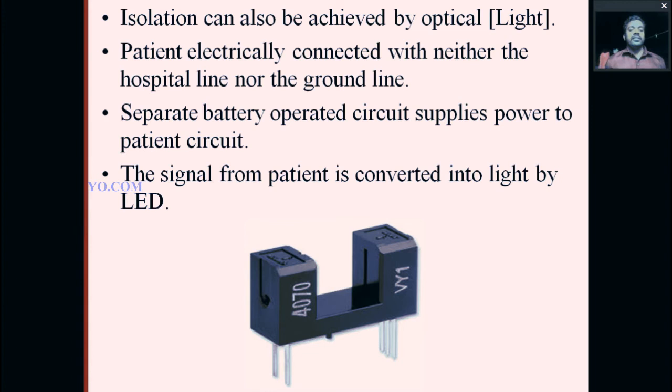The signal from the patient is converted into light by the LED. So this is one simple isolation circuit. This is the transmitter on one side and the receiver on the other. Using these two leads we send the information to the LED or laser diode, which produces light between the two.